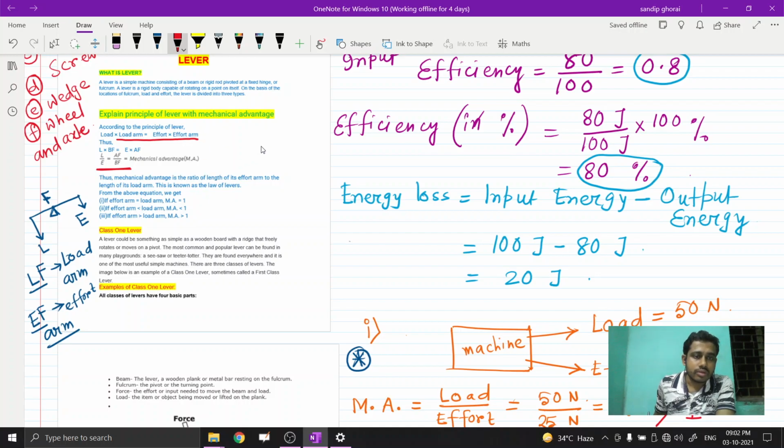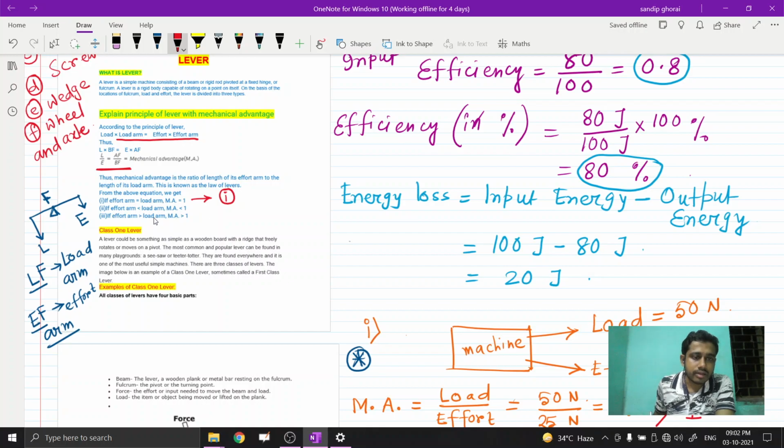With mechanical advantage, in general, there are three conditions. First condition: when load arm is equal to effort arm, then mechanical advantage is equal to 1.